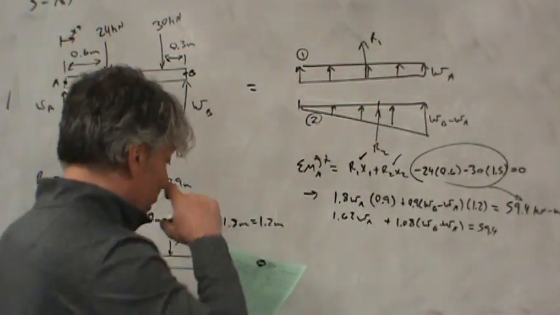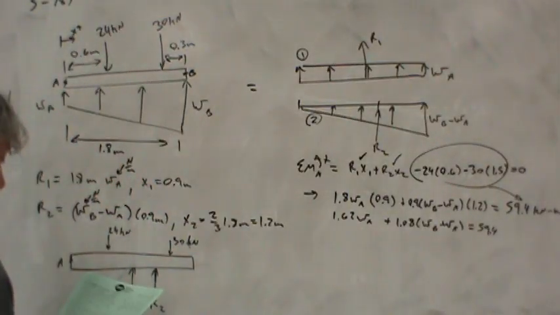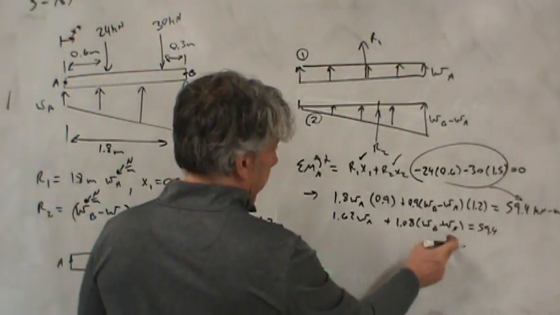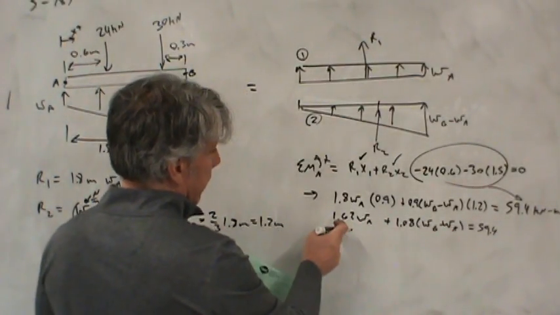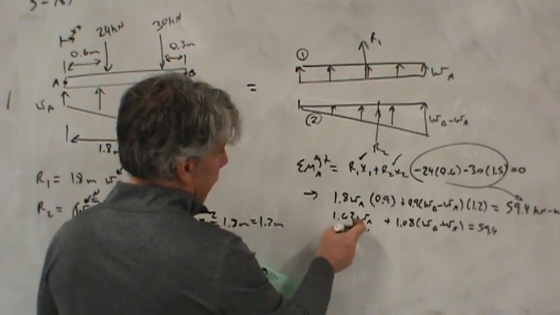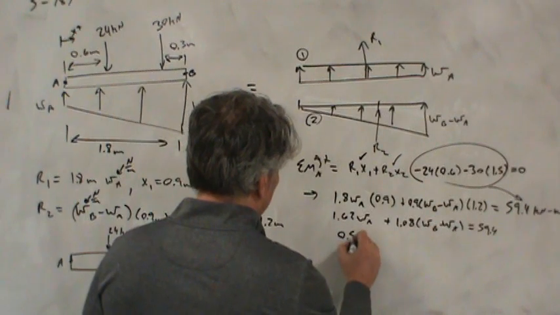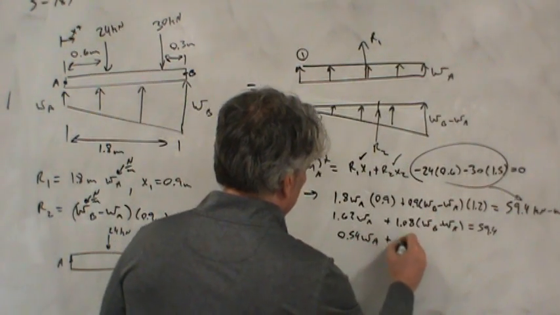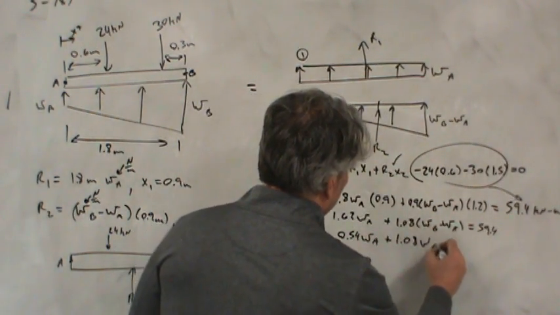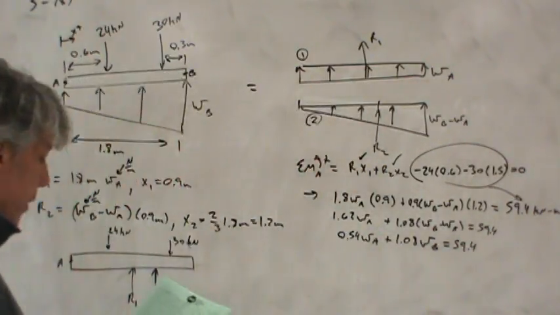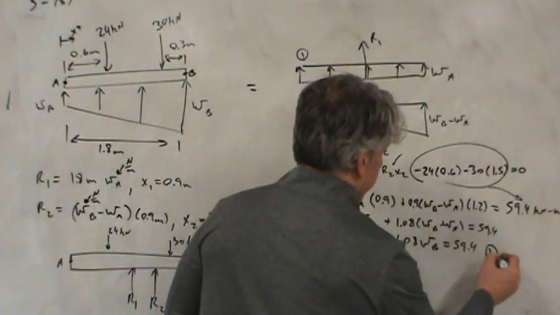And you notice I have one equation and two unknowns. If we simplify it a little bit farther, we've got negative 1.08 WA to take from here. So if we take 1.08 from this, we get 0.54. 0.54 WA plus 1.08 WB equals 59.4. So we've got one equation, two unknowns. Let me call this equation 1.